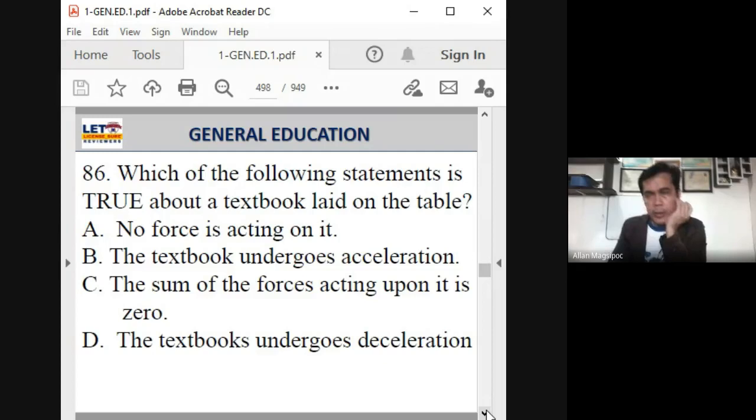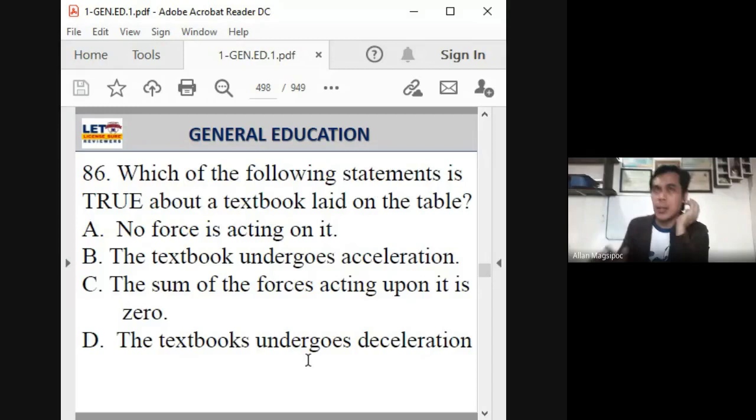What's the definition of force? How do we define force? If you remember, what is force? Force is a push or a pull. It could be a push, it could be a pull.